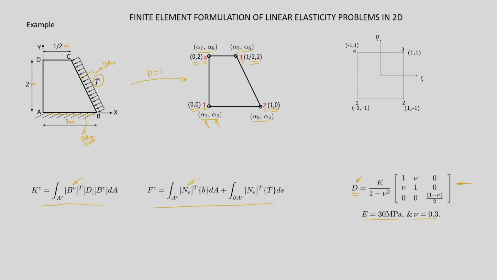So, I have to define the shape functions in this physical domain and then get their derivatives to get the expression for B, and then we have to do the integration by hand.